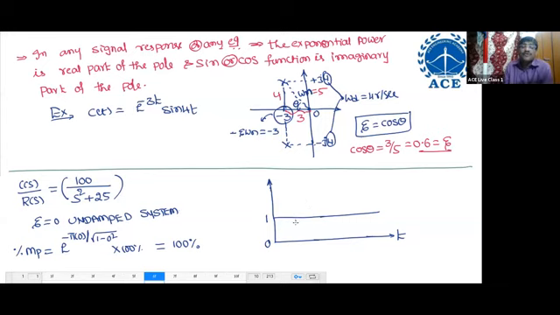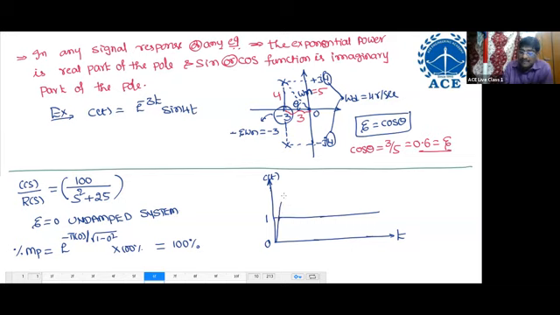So 25% means 0.25, that means it goes to 1.25. 50% means 50% more than the input, that means 1.5. 100% means double.